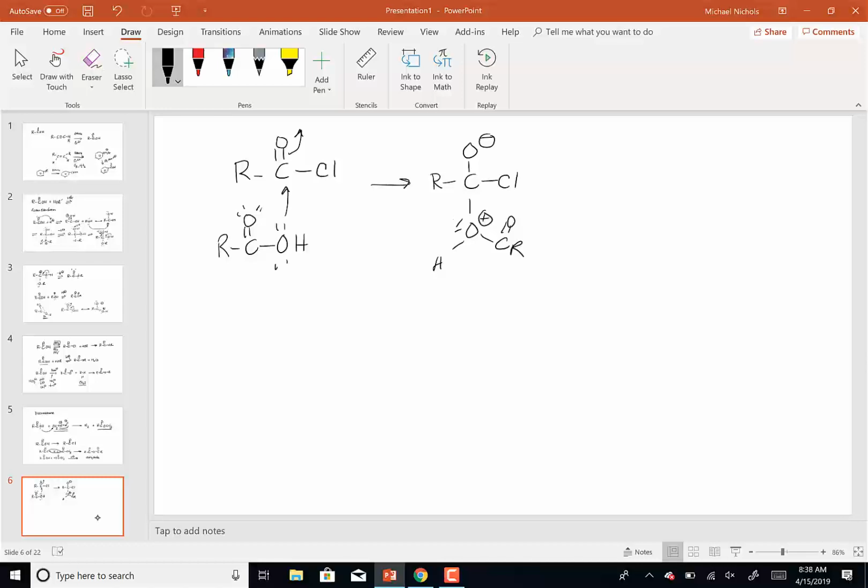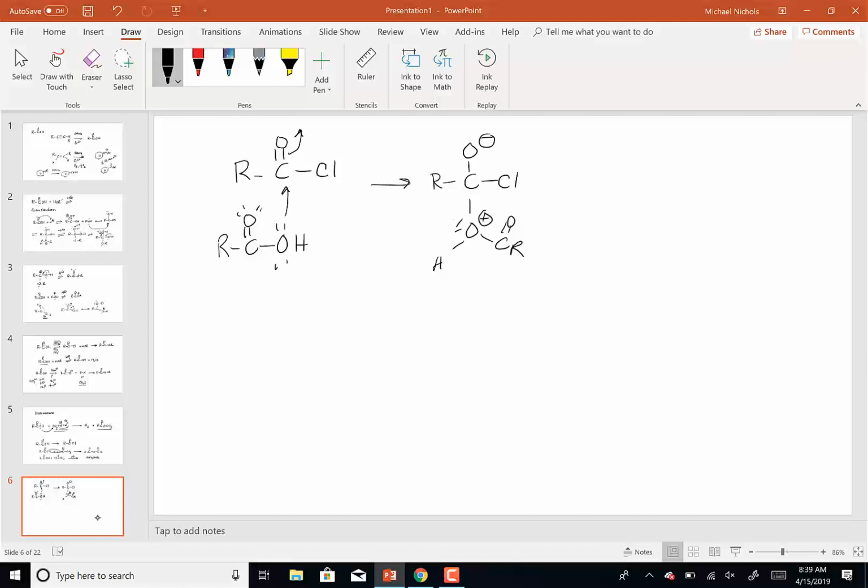Table 5. 1, 2, 3, 4, 5. Okay, I'll lose the H, and where do you think it's going to go? Go to the O minus?